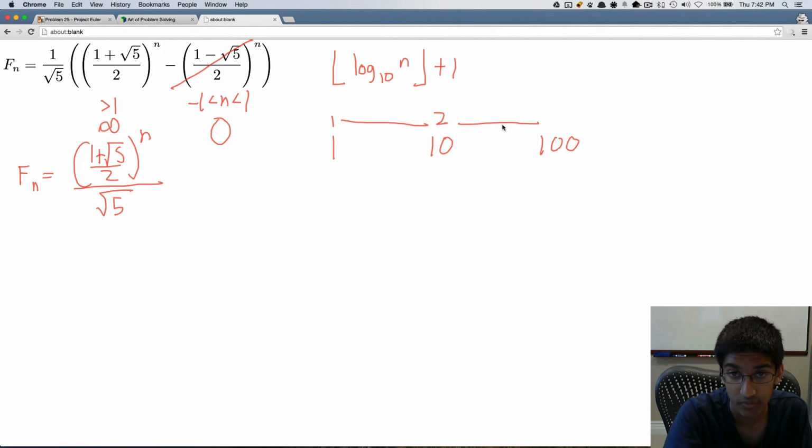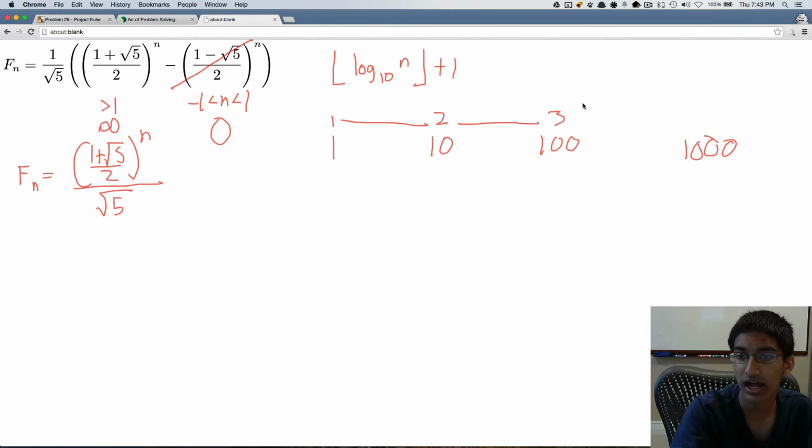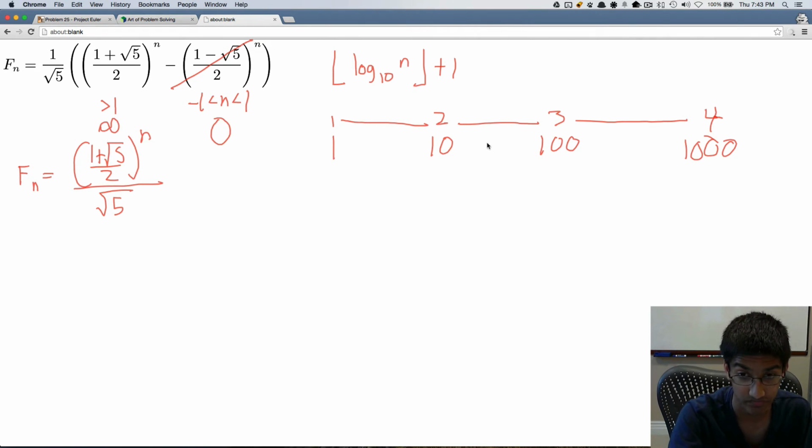At 100, log base 10 of 100 is 2, and 2 plus 1 is 3. I think you can see where I'm going with this, because we'll have 3 digits all the way up to 1,000, where we'll jump to 4. So at each power of 10, we increase the number of digits.